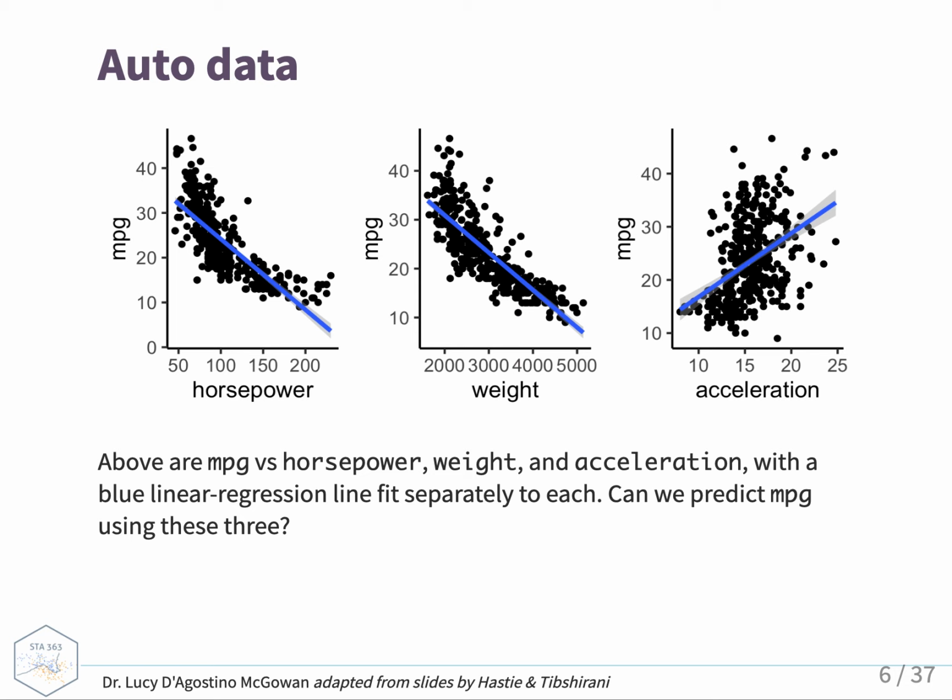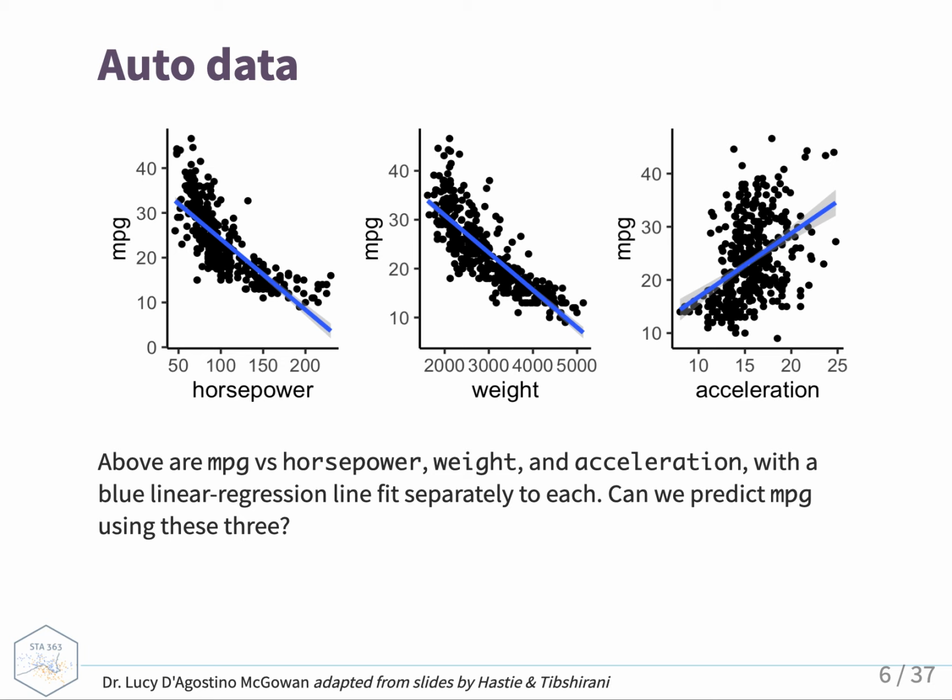So here's an example. I've got some auto data. Here I have miles per gallon on the y-axis on all three of these plots. And on the x-axis, I have horsepower, weight, and acceleration. The dots represent data points, where along the x-axis we've got a predictor, either horsepower, weight, or acceleration, and on the y-axis we have our outcome of interest, miles per gallon.